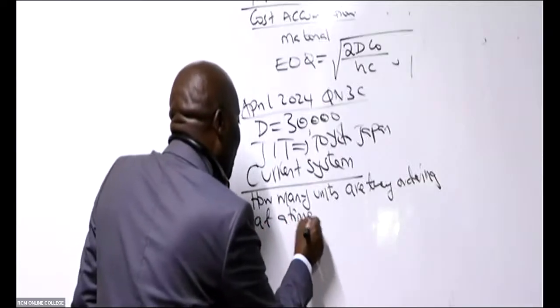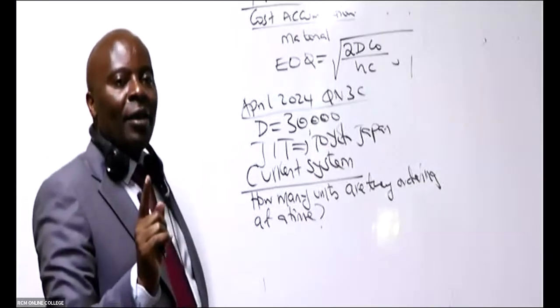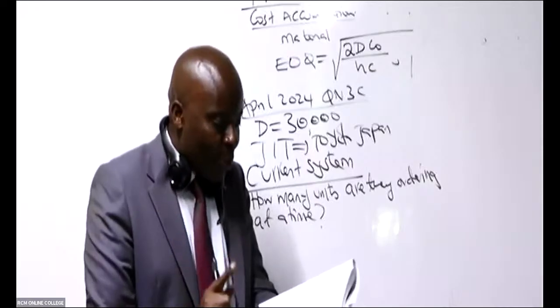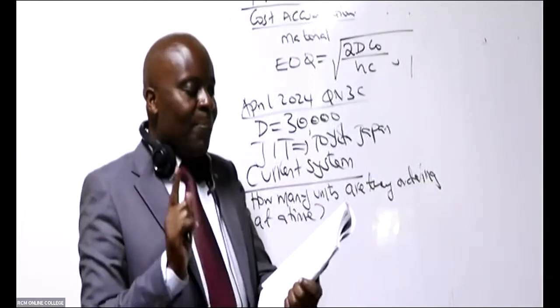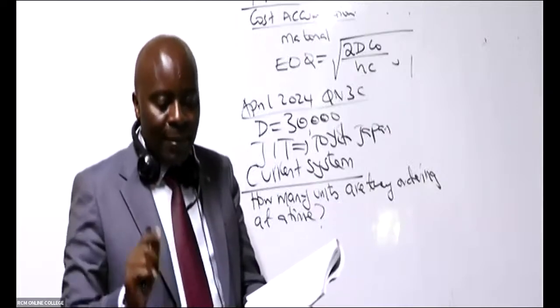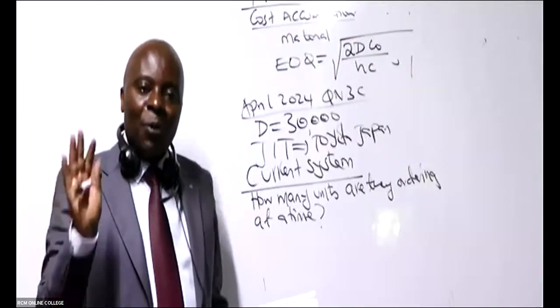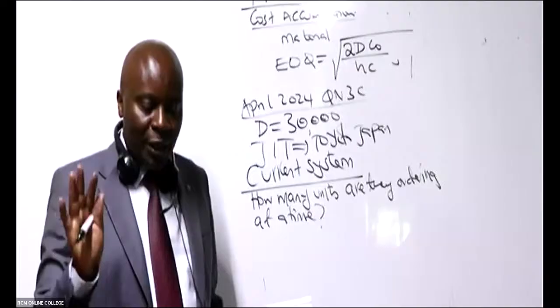This is really important for us. For example, for the proposed system, if you read note number 3, they have told us that every time they order, they place an order over how many units at a time? 4,000. That is the proposed system. That's what they've told us for the proposed system.